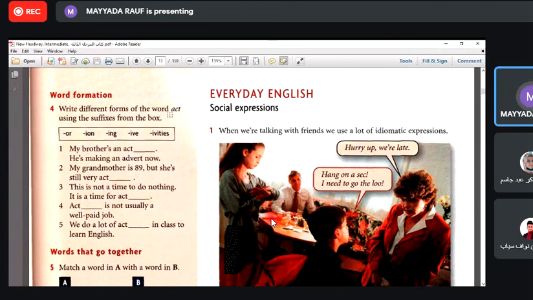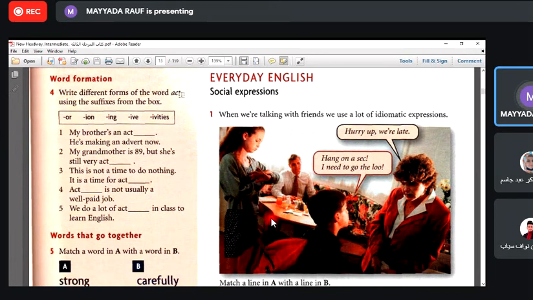So here we have the word act. If we put one of these suffixes at the end of the word act, the meaning will change and also sometimes the part of speech will change. So what you have to do is to put the word act with one of these suffixes in each of the blanks in these items.